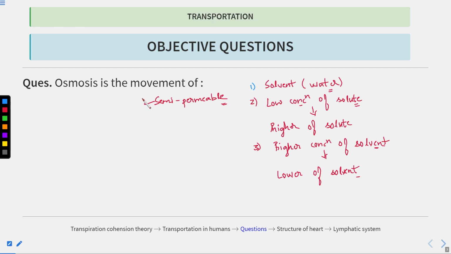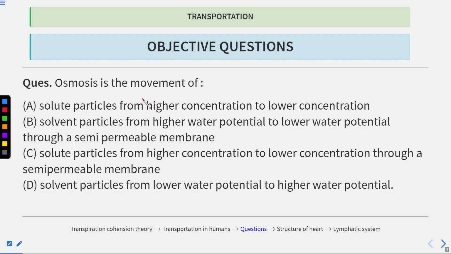Now let's have a look at the options here. The first option is that solute particles move from higher concentration to lower concentration. Here they are saying solute particles, so we can reject this because in osmosis there is movement of solvent particles. Next is solvent particles move from higher water potential to lower water potential.